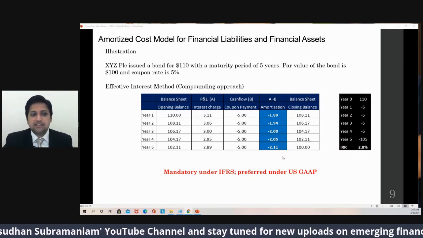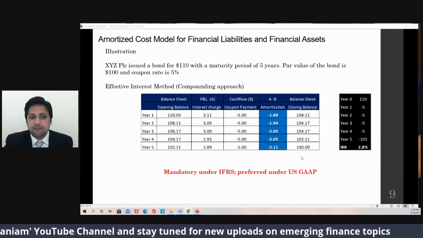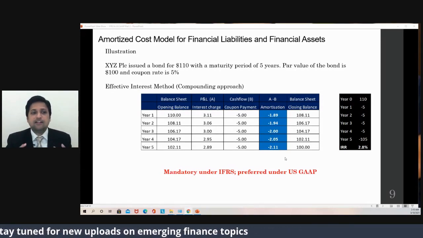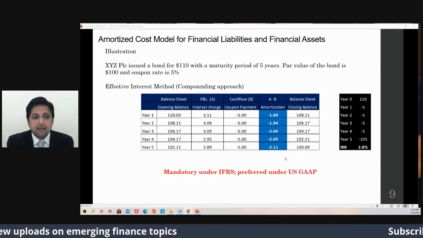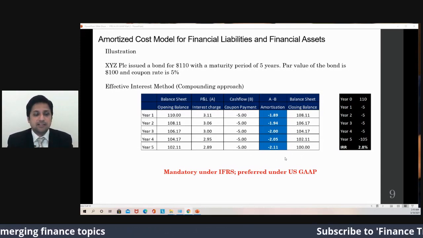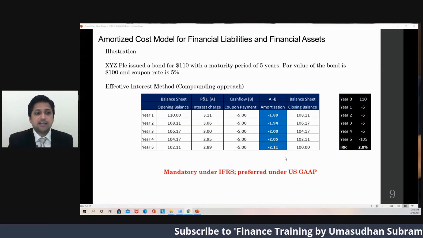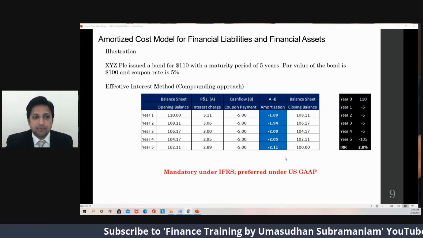The beauty is that at the end of year 5, the bond reaches its par value, and that is when the bond liability needs to be settled. So the company who has issued the bond is going to pay $100 and settle this bond liability.